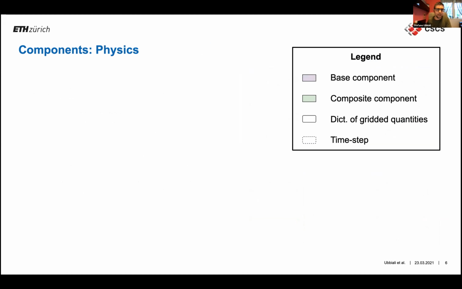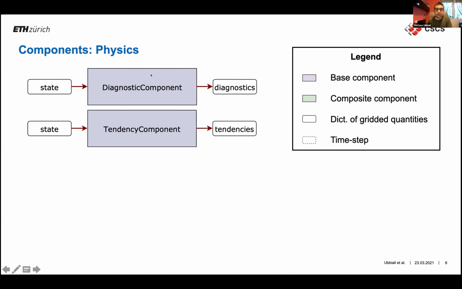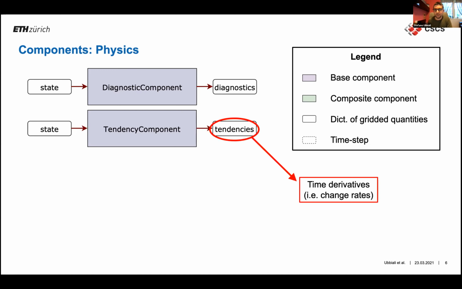And now we can see some concrete examples of components. So you find on the right-hand side a legend for the schematics that I'm going to show. The first component we have is the diagnostic component, which takes a dictionary state and retrieves some diagnostic quantities from this state, while a tendency component, as the name says, computes some tendencies.